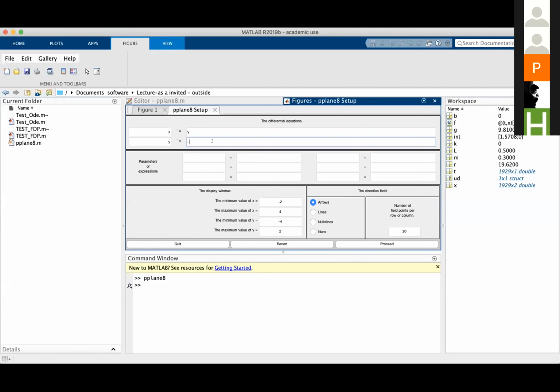Yeah, minus 0.5, we have considered k equal to 0.5, and y minus sine of x1. So x1 is x here. Now let me plot this. It's not entered correctly. Okay.